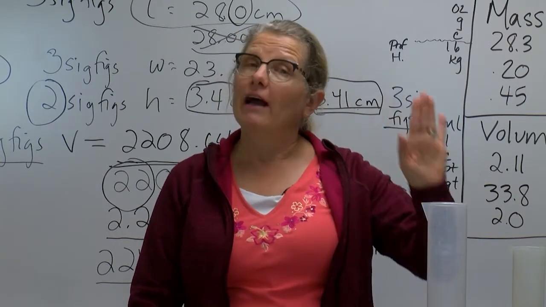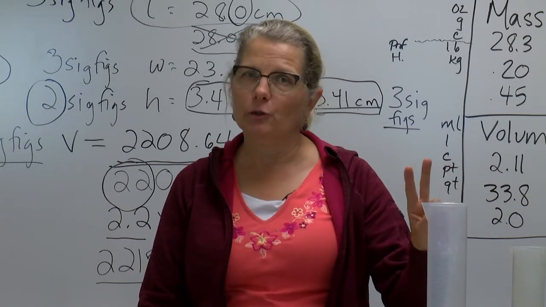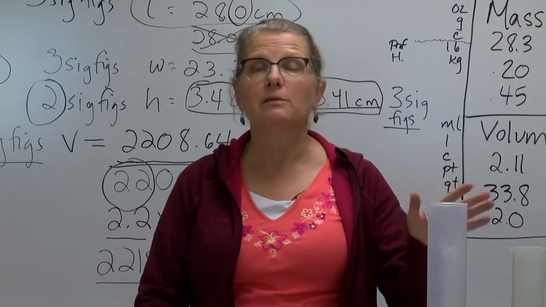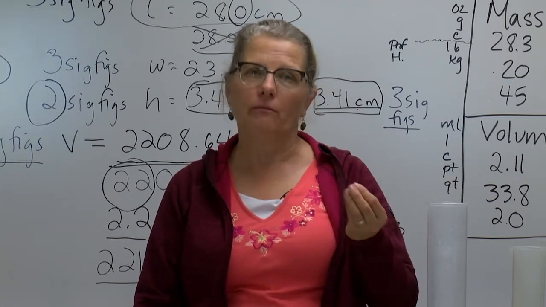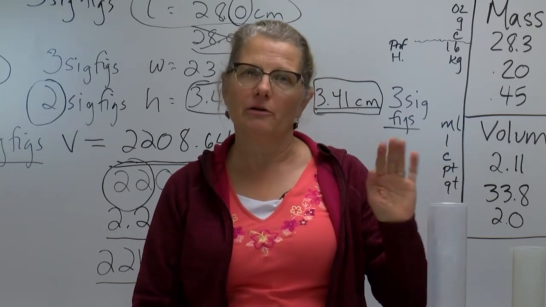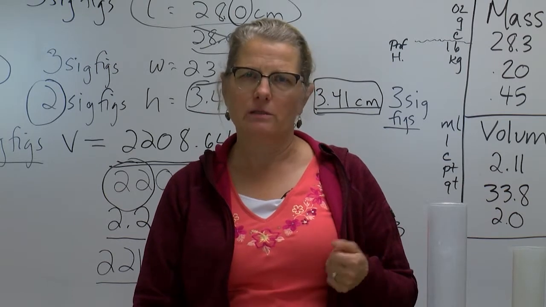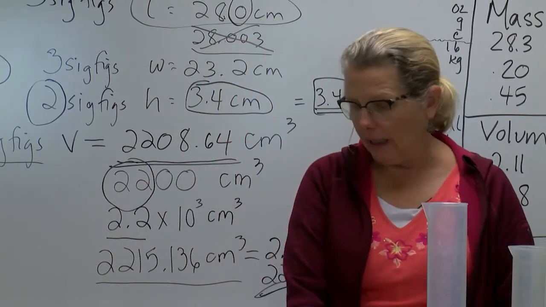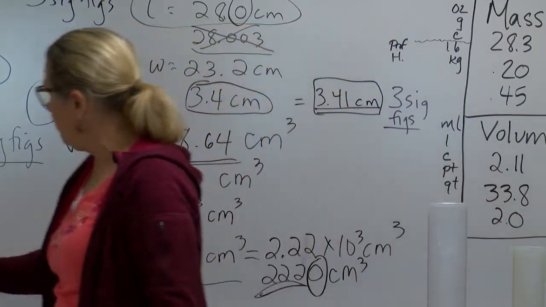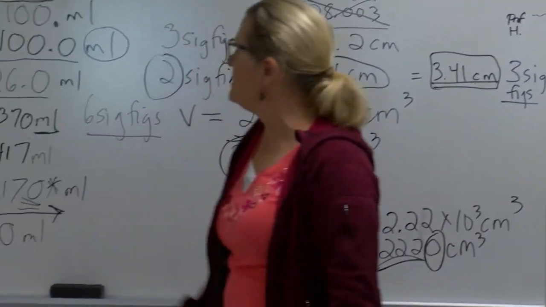Remember, your final answer can only have 2. So you have to make an adjustment at the very end. Not in the middle, but at the very end, you would cut it down to whatever number of significant figures was required.